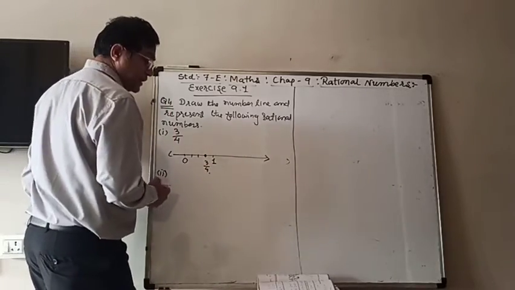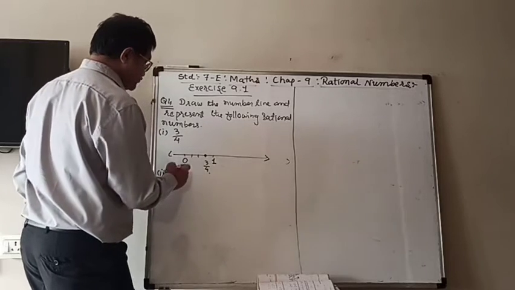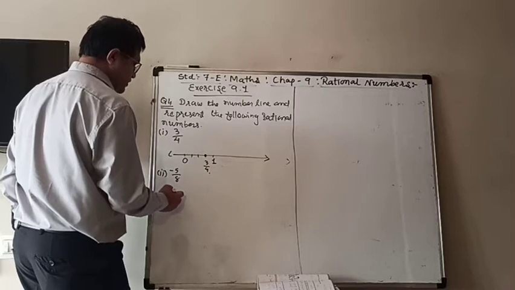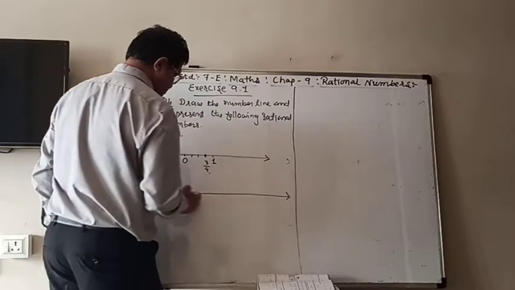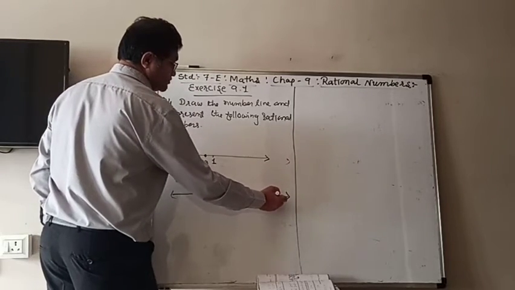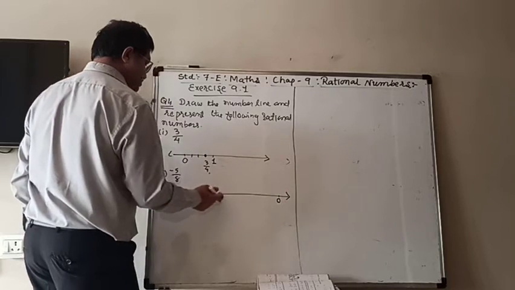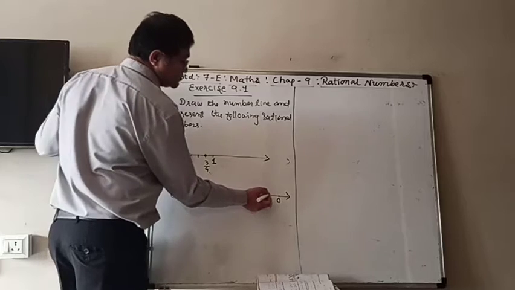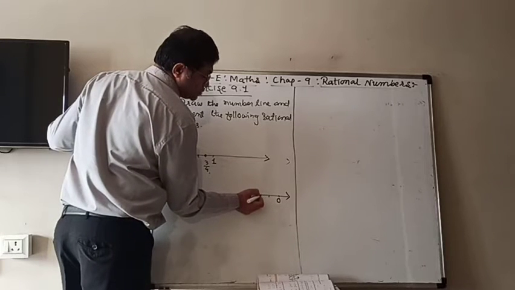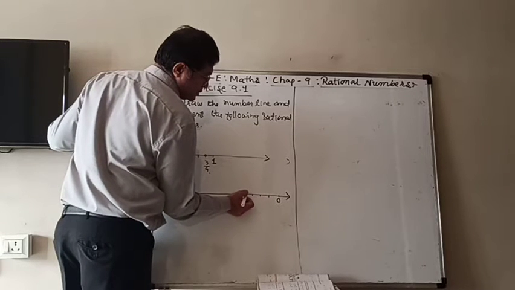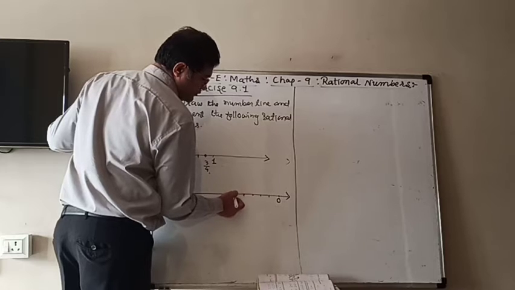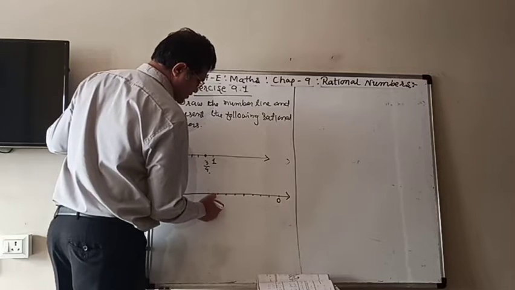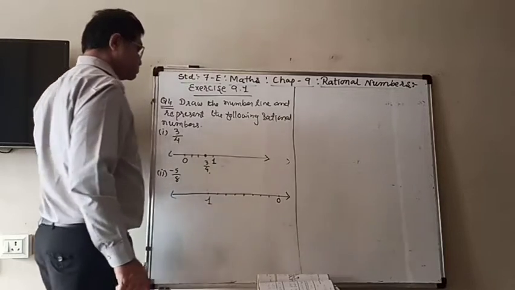Second one is minus 5 upon 8. Now it is a negative number, so we have to take 0 to the right side, and then between 0 and minus 1 we have to make 8 equal parts. So we will make 1, 2, 3, 4, 5, 6, 7 and the 8th part is minus 1.